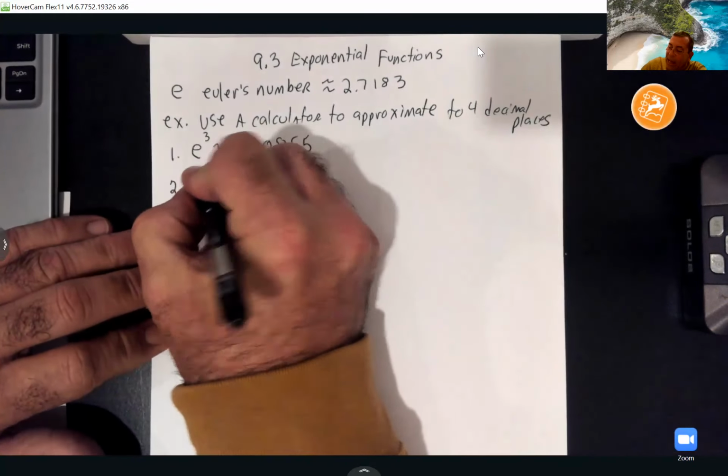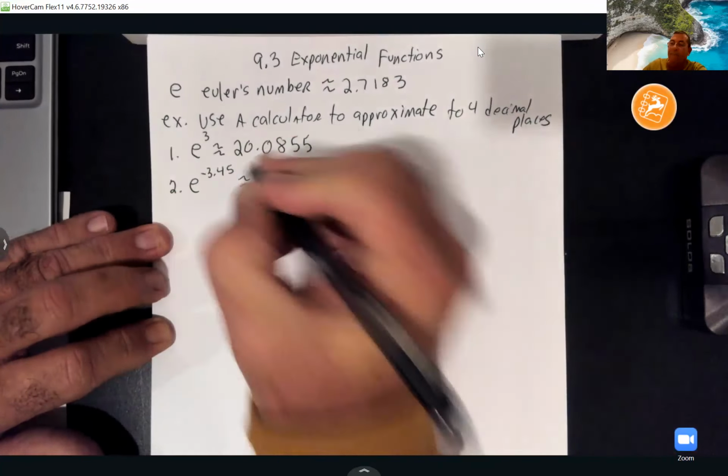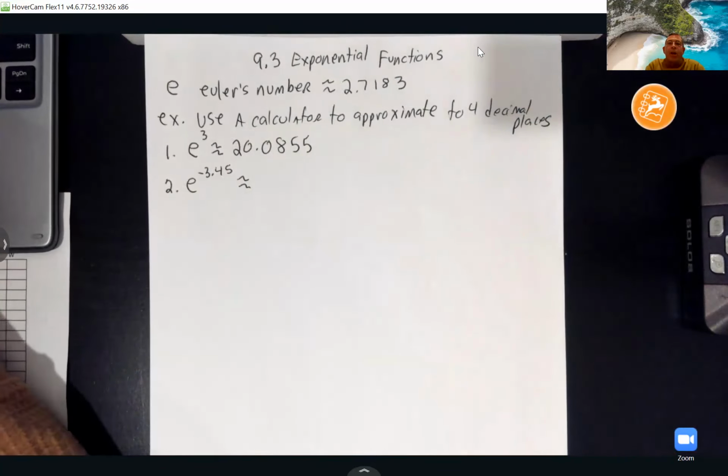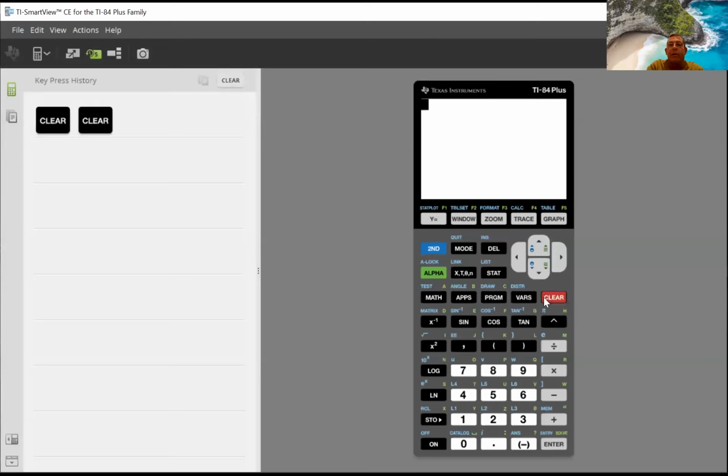E to the negative 3.45. Everybody's calculator does this, even the ones y'all got off the phone apps, okay? They'll all do these. If I was doing that, let me clear my screen here. Like you said, you could hit second, divide, get your E, and then use the arrow up to get the exponent.